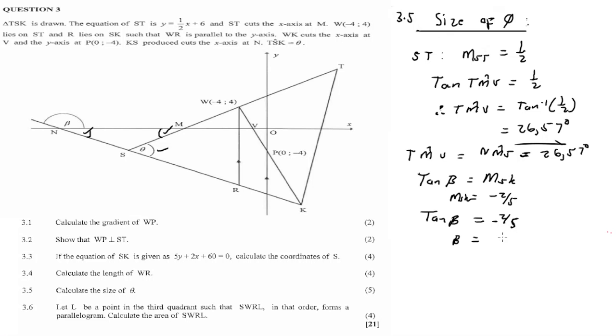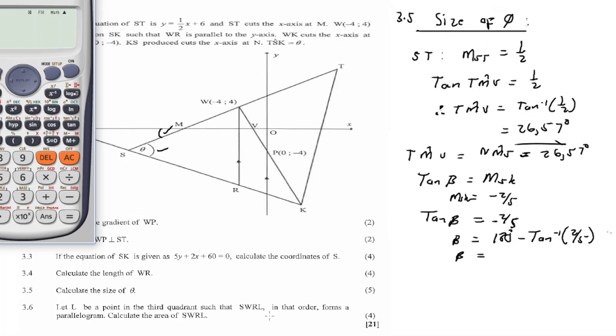So beta is equal to 180 minus arctan of the positive gradient. I will not use the negative sign in the calculation. Beta is equal to 180 minus arctan 2 over 5, close bracket.